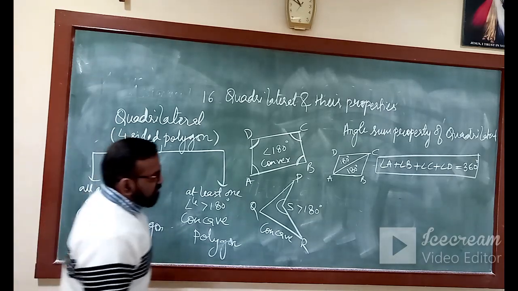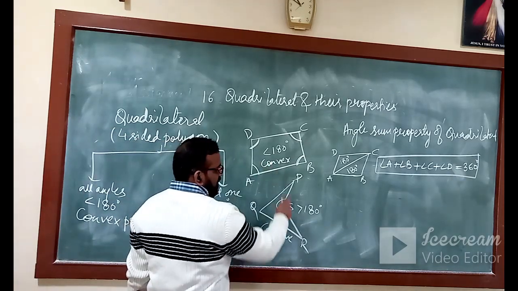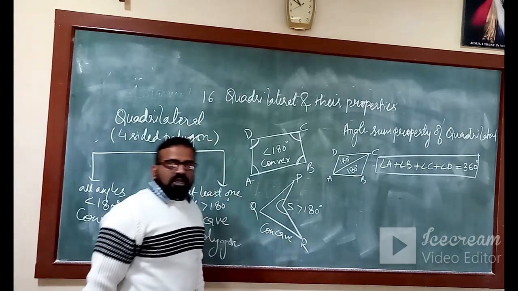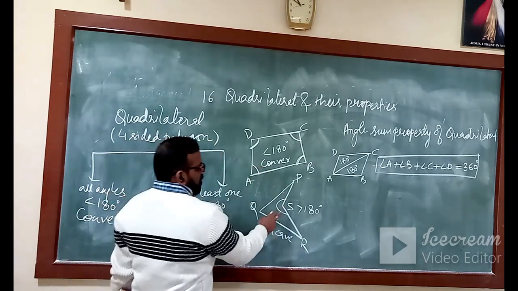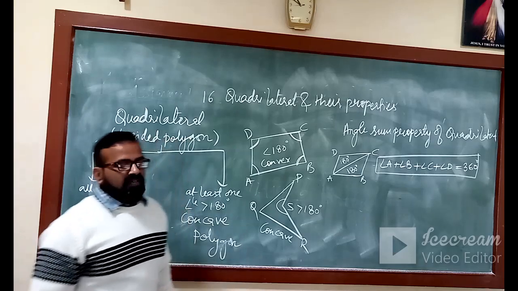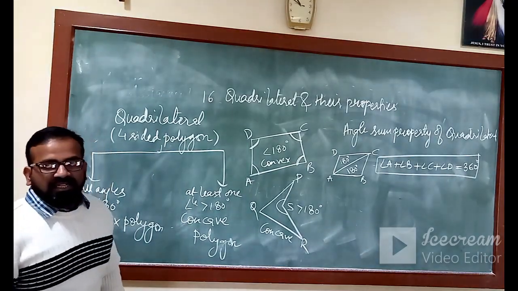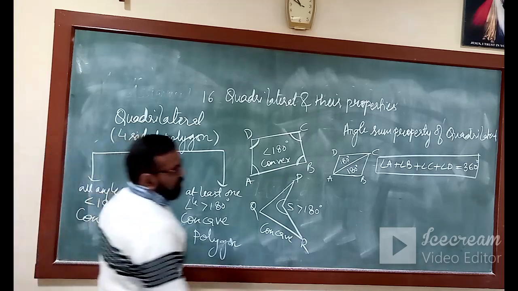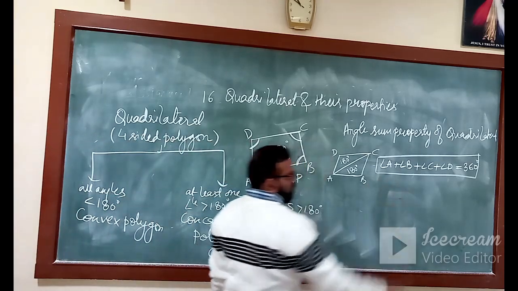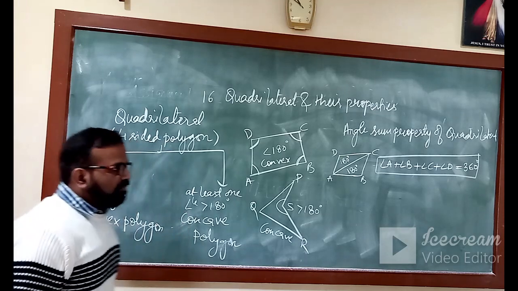It does not matter whether the quadrilateral is convex or concave, any type of quadrilateral will have the sum of all angles equal to 360 degree. This property we will use to solve a few questions.